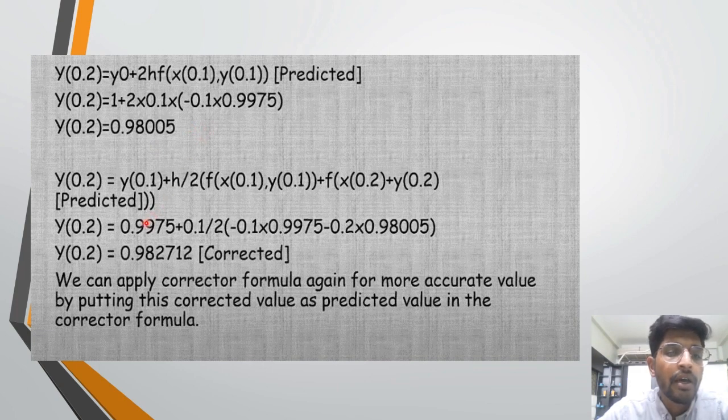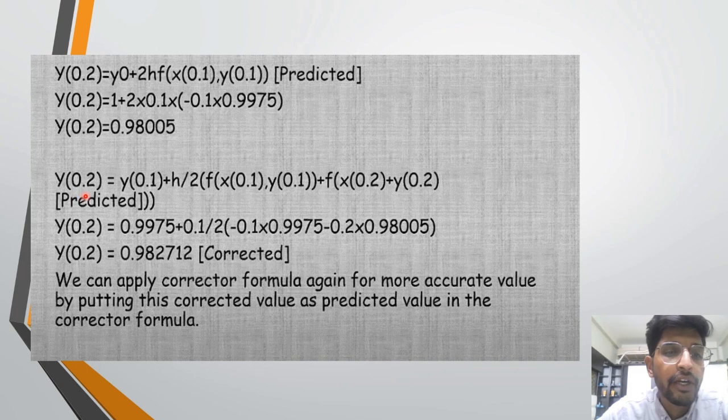Now we apply the corrector formula to get the proper value of y(0.2), in which we take the value of y(0.1) as 0.9975, which we have calculated in the previous slide.